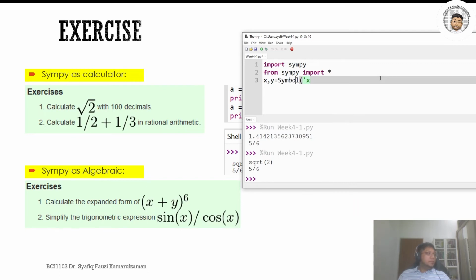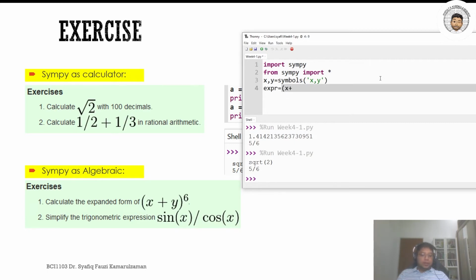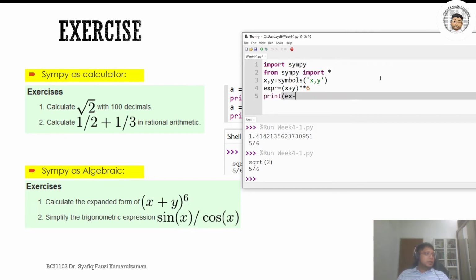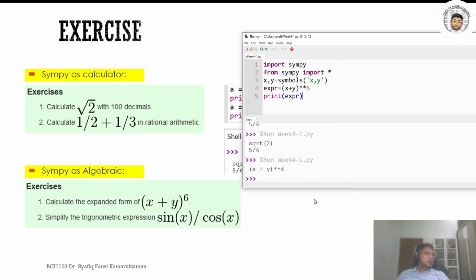Symbols x, y. So next we will do the form. Like for here we use xpr is equal x plus y, power of 6. Then print xpr. So you get the result here.